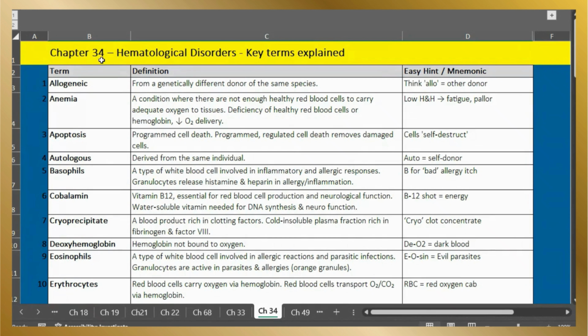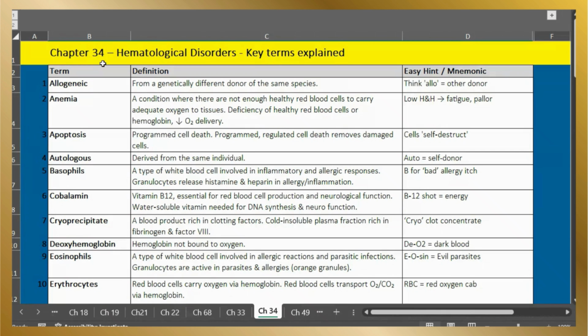The previous chapter 33 had 45 terms about labs, and this chapter is mostly about cells and blood, so it's repetitive in some of them, and some of them are new.